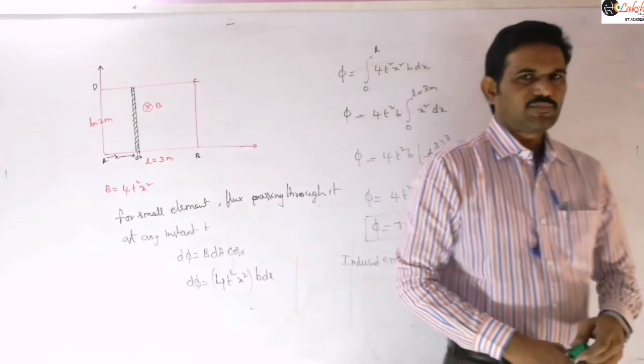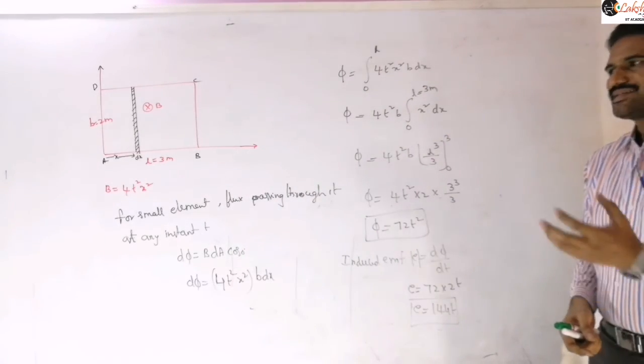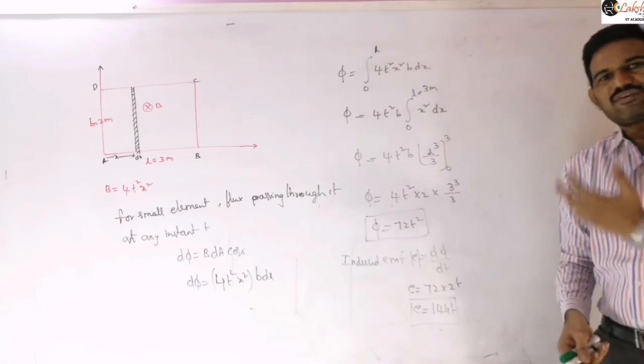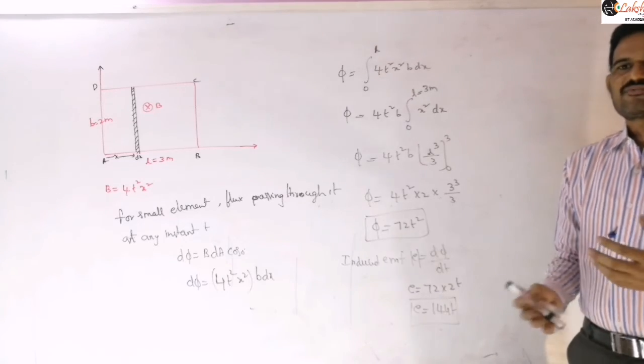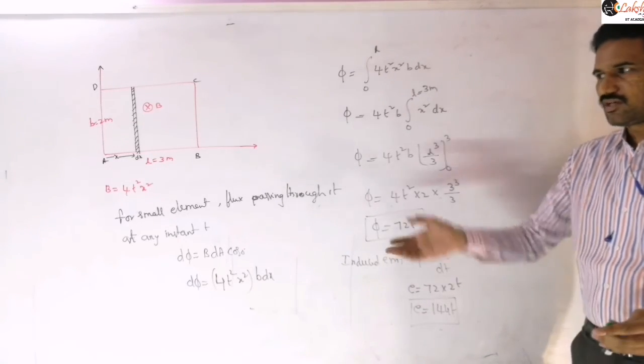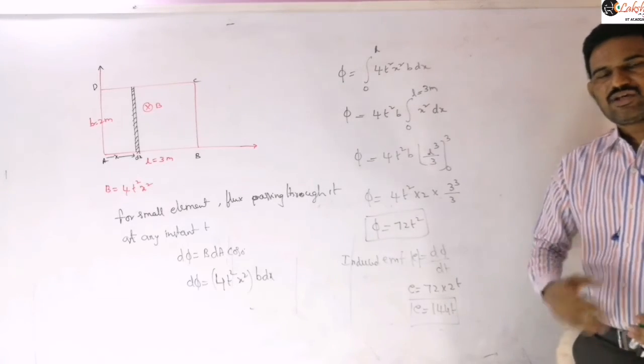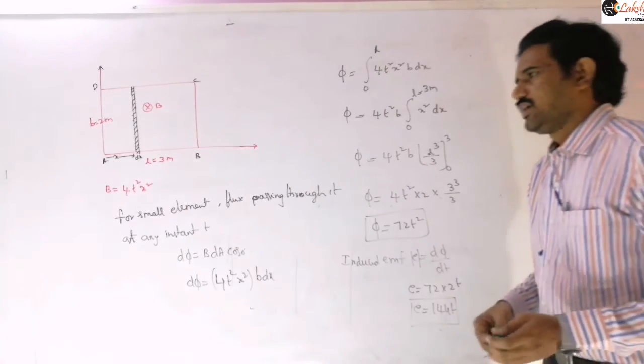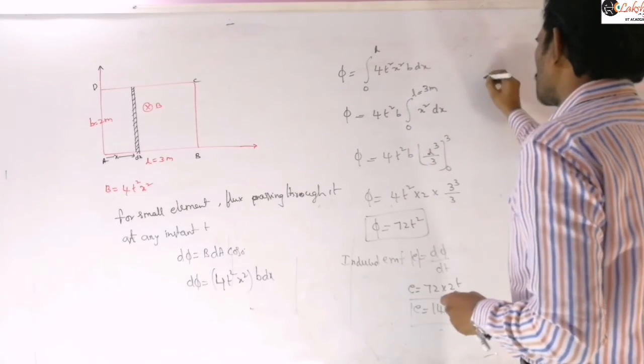And sometimes in such problems they will give the case like the conductors, the loops are moving with some velocity there. That means flux is varying with respect to time and with respect to space, and the loop is moving also. Here the loop is at rest, so that we did like this. So when the loop is moving, we can use a differentiation formula like this.